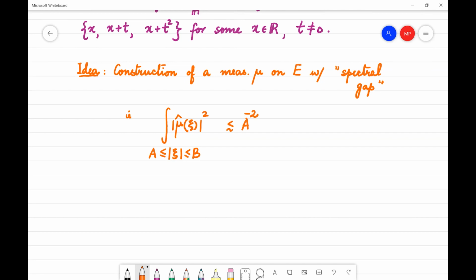And also, on the other side, the energy of the measure is finite, some constant. This is not anything new, because there is an alternative definition of the Hausdorff dimension involving finiteness of the energy. And then they show that the spectral gap condition implies the existence of this polynomial pattern.